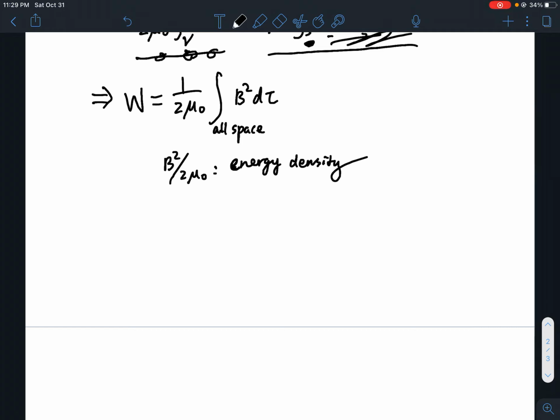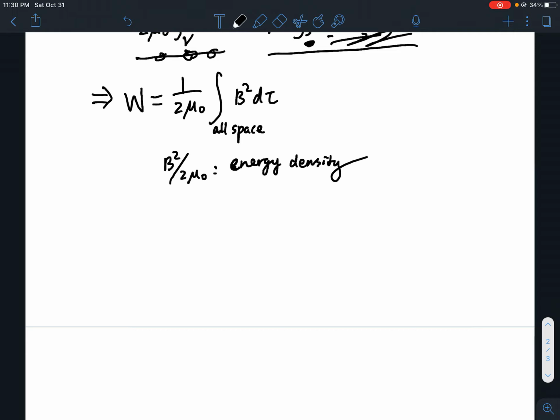The main reason is that in order to produce a magnetic field, originally there was none. That means it requires us to change the field, to go from 0 to some non-zero value of B.